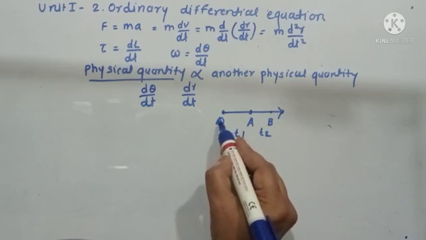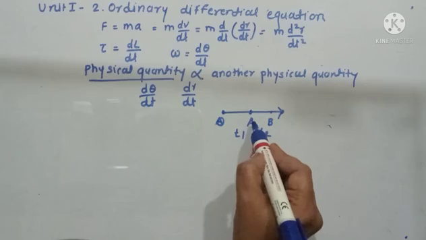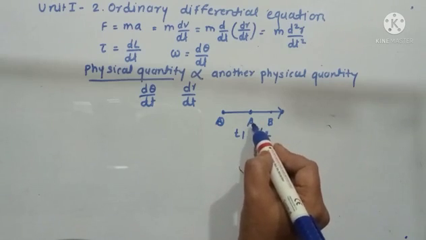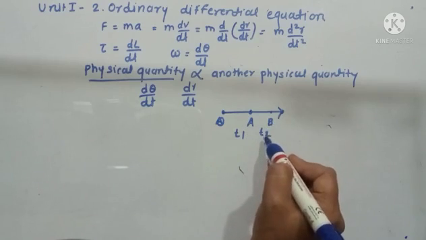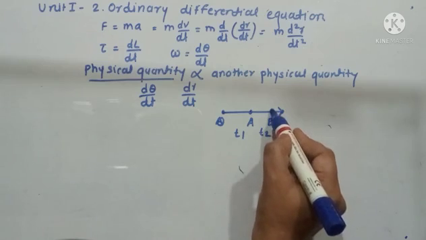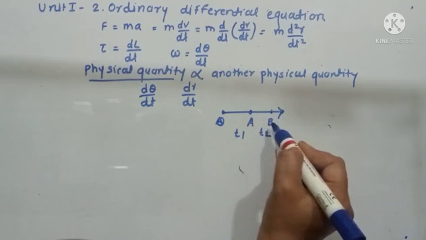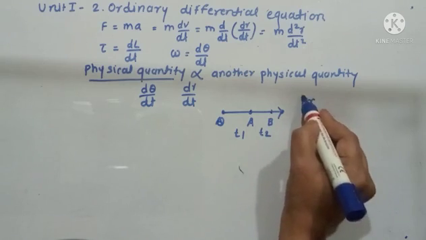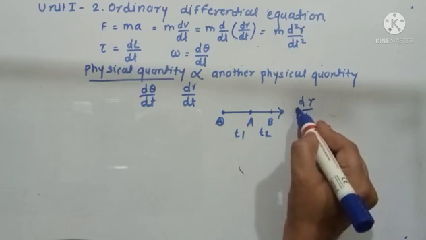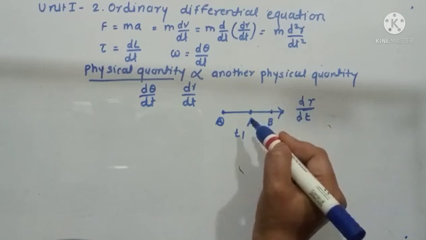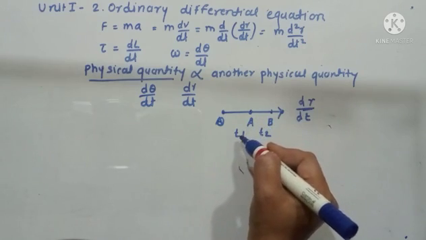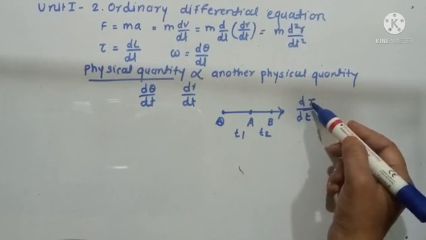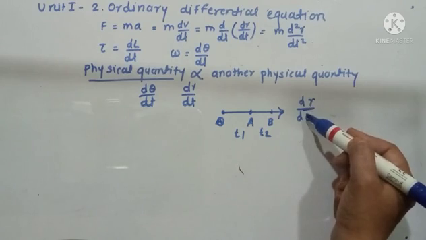So if the particle is moving from one place to another in time t1, and the same particle is moving to point B in time t2, then I can say that the position of the particle is a function of time. And how do we denote it mathematically? The position of the particle depends on the time, and in mathematics we represent it by the differential equation.